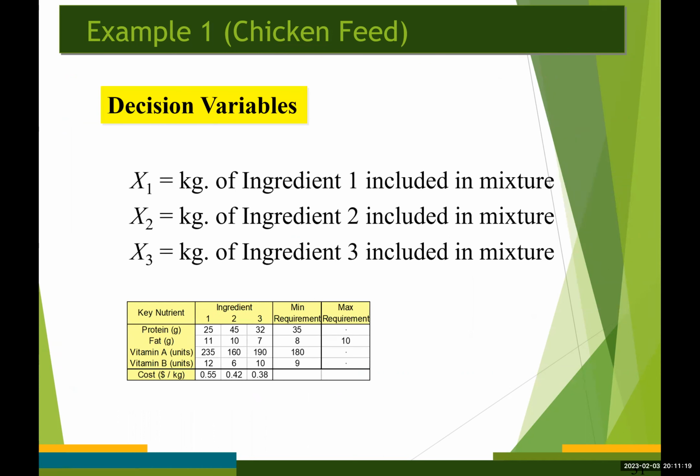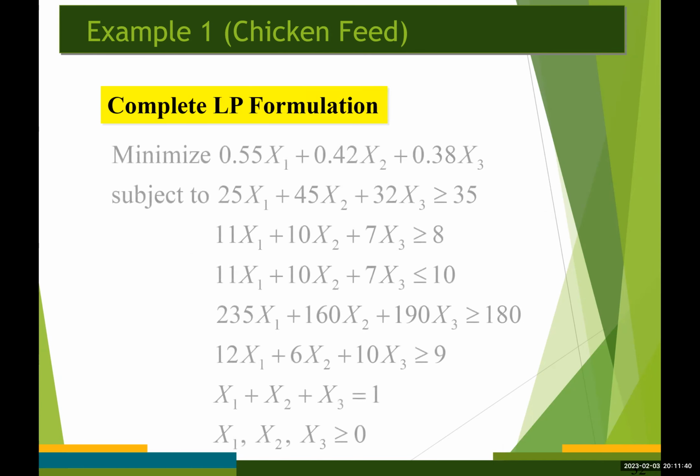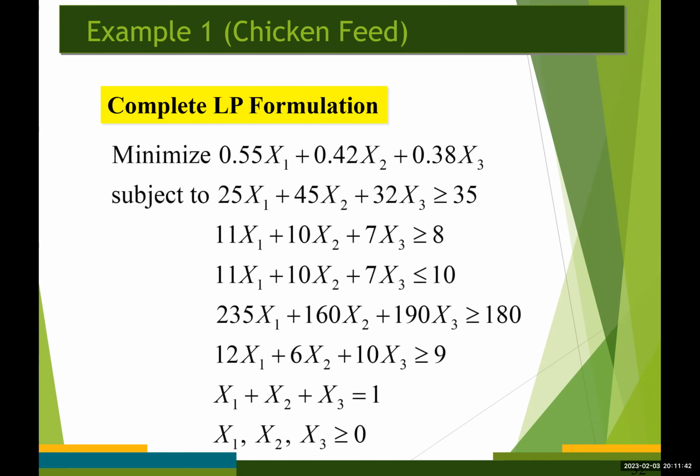Because in this case, the primary decision is to know how much of each ingredient should be included in the mixture, right? So that's why we define the decision variable this way. X of I is the kilogram of each ingredient included in the mixture, right? And using this decision variable, we come up with this complete LP model.